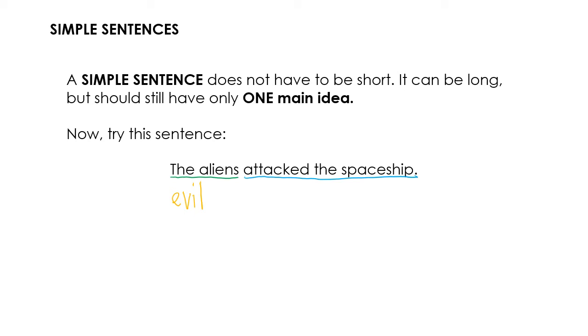Could be anything. How about we put it in here? Relentlessly. Remember that word, relentlessly? Something that's happening again and again and again, and we want it to stop. Okay, the evil aliens relentlessly attacked the spaceship. We could keep adding more adjectives and adverbs, and an adverb of time and an adverb of place, and more adverbs of manner, and it would still be a simple sentence.